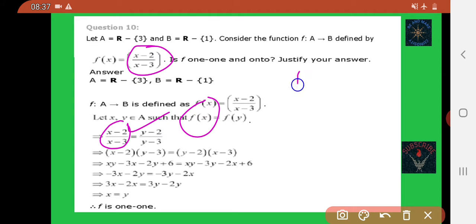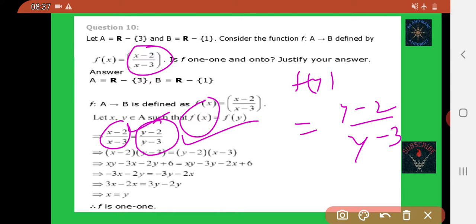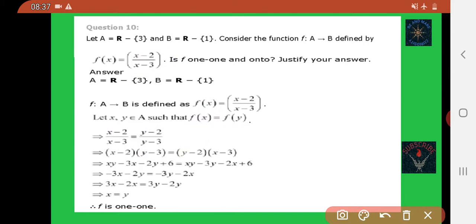Okay, f of y will be, in the place of x you write y: (y minus 2) divided by (y minus 3). So this. Okay, now you simplify it, cross multiply. Okay, then you get this much.